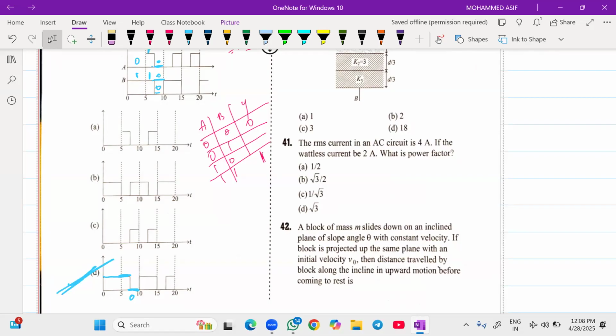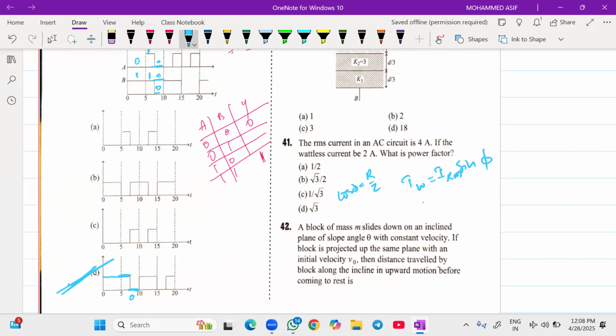Question number 41. The RMS current in an AC circuit is 4 ampere. If the wattless current is 2 amperes, what is the power factor? What is the power factor formula? Cos phi is equal to R divided by Z. Wattless current will be equal to IRMS into sine phi.